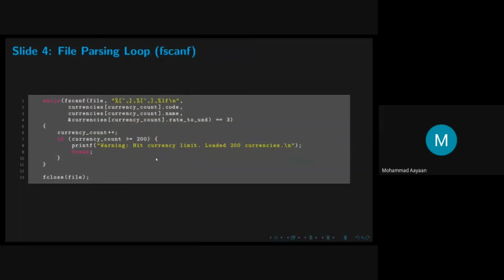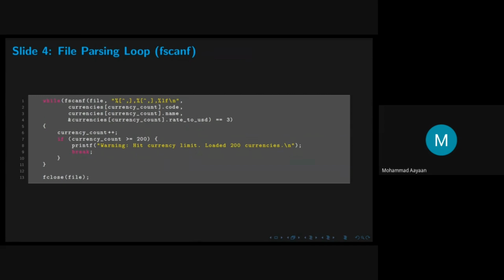Then we have slide 4, which is the file parsing loop, using fscanf. This loop reads every line from the file one by one. The pattern %[^,] means read until the comma.